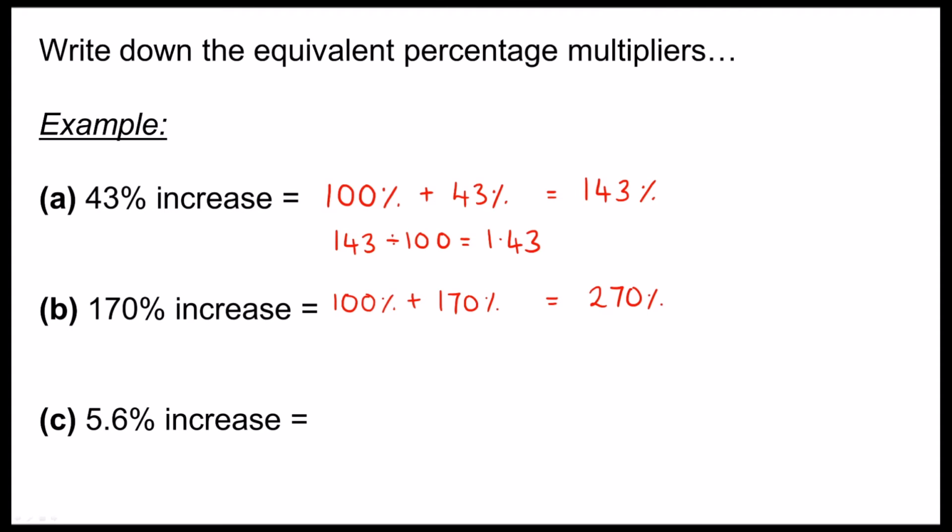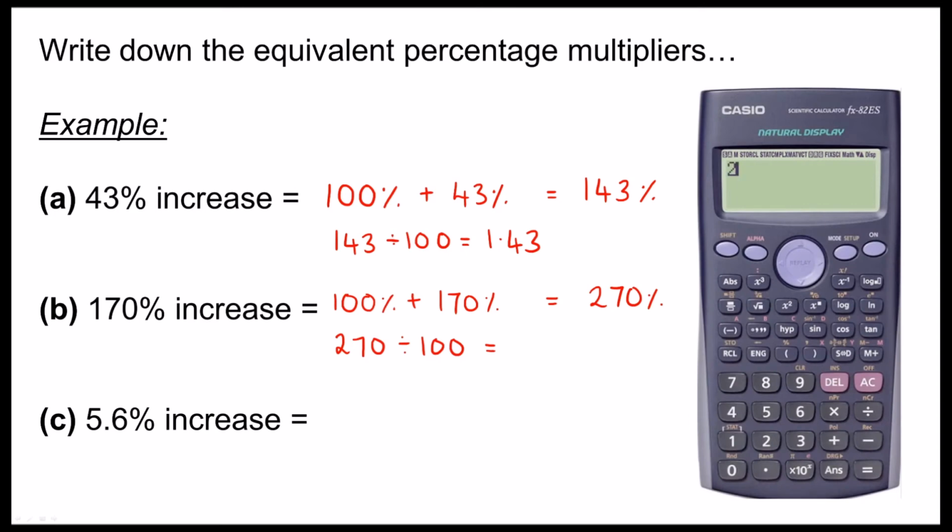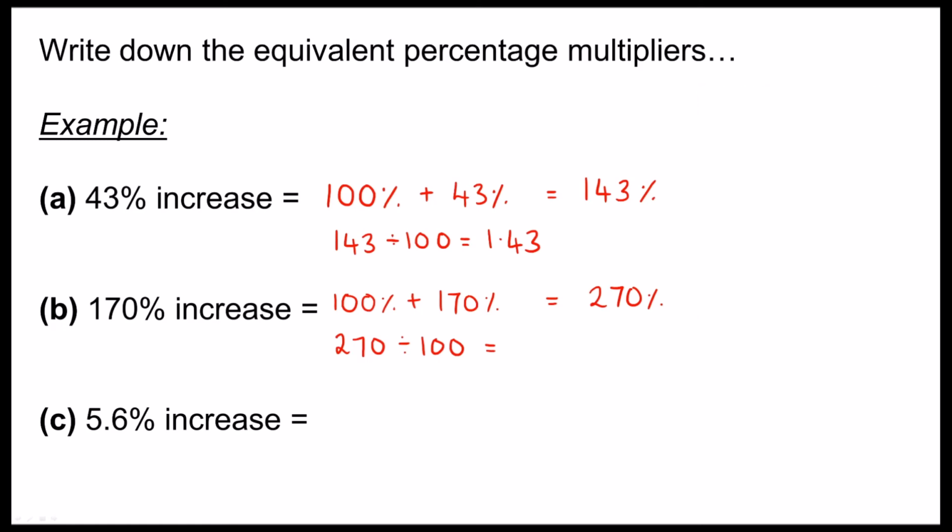To get this as a multiplier, I therefore want to do 270 divided by 100, and if I need to, I can use my calculator to help me work this out. 270 divided by 100 converted to a decimal gives me 2.7. Therefore, the percentage multiplier of a 170% increase is 2.7.